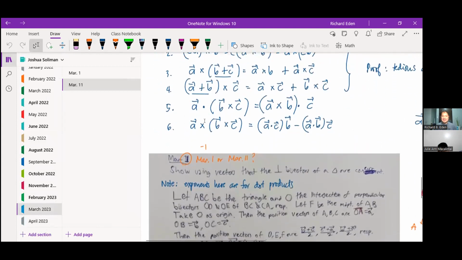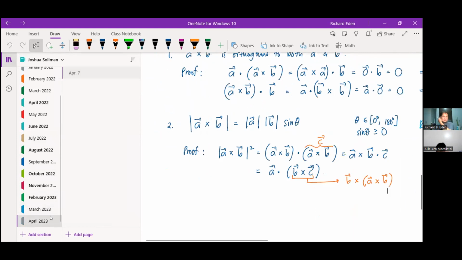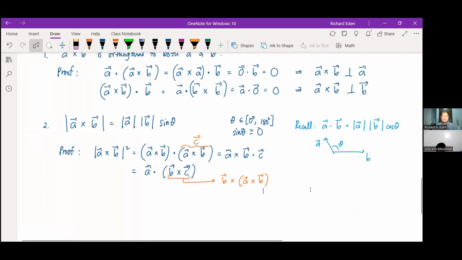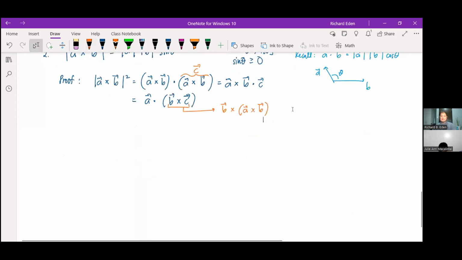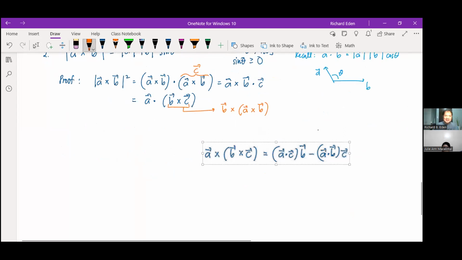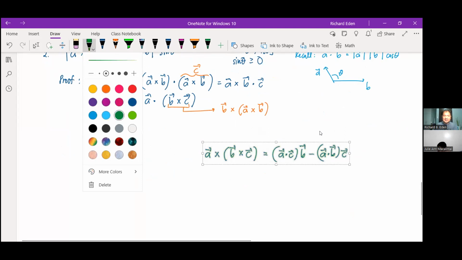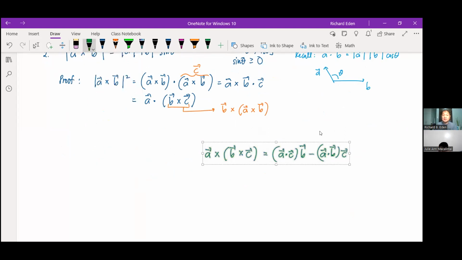This one, number 6. Sneaky operation. So ganito, para hindi tayo malito, let's rewrite this in terms of different letters. U cross V cross W.